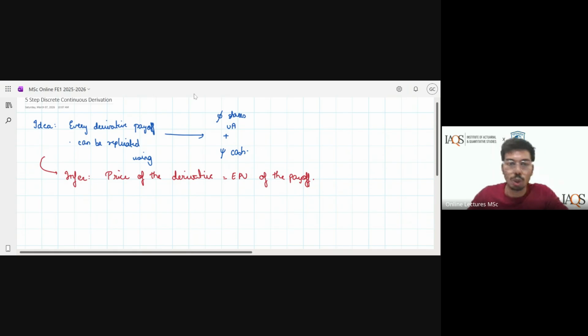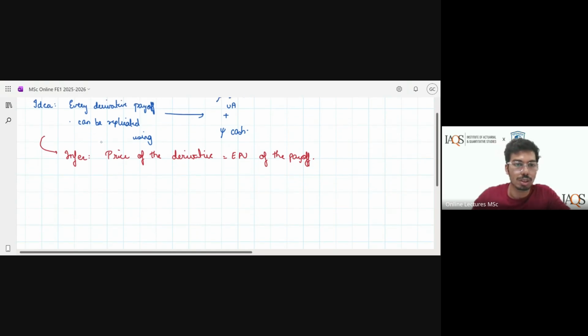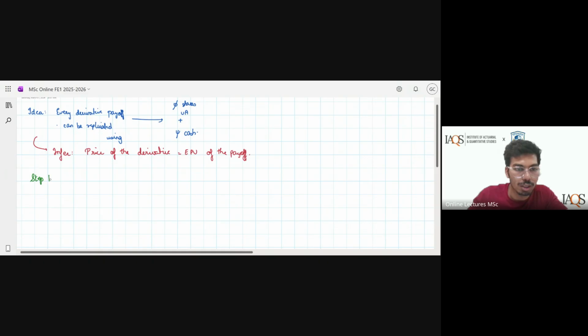Now let me write what all the steps of this derivation are. I'm just going to write the titles of all the steps so that we know each step in summary whenever you revise the derivation. If you know the derivation, you can just revise these steps and know what the entire derivation is.